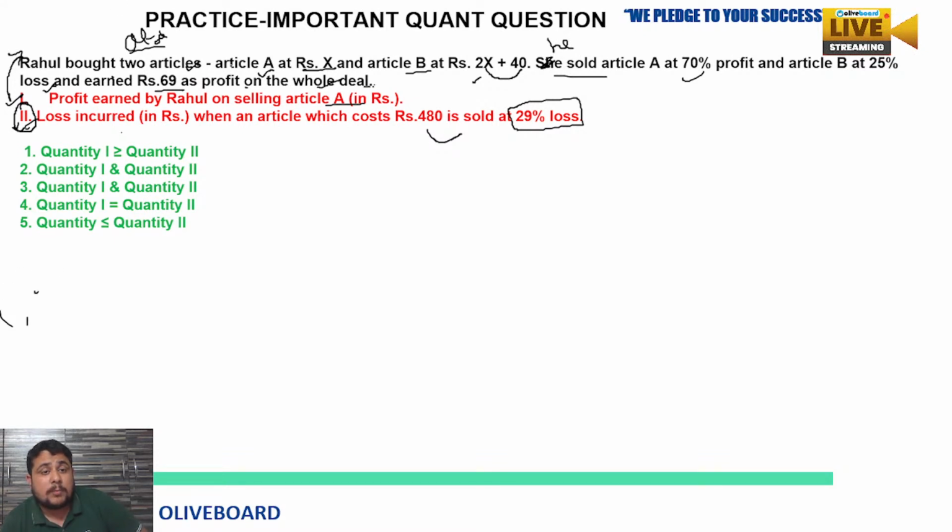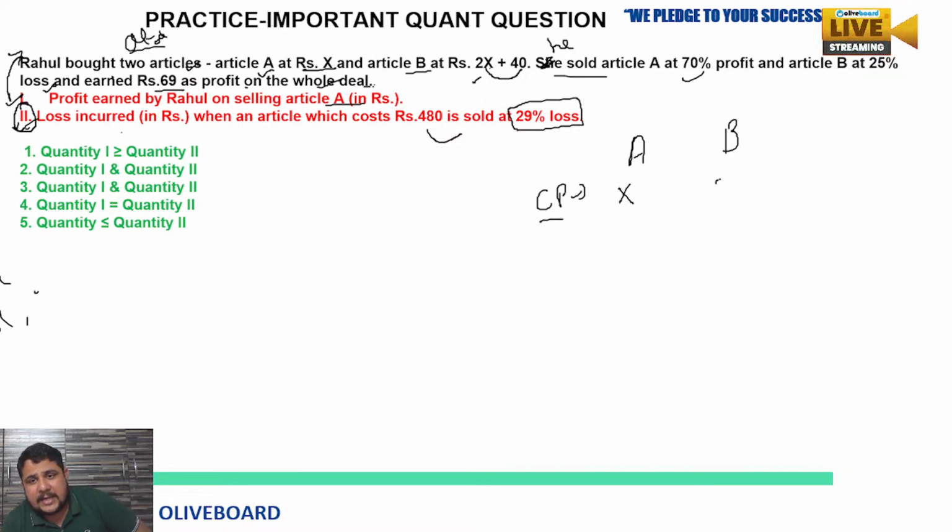Rahul bought two articles, article A at rupees X and article B at rupees 2x plus 40. So article A and article B. Now they are talking about, clear? So be active in the chat box also. Okay, fine. Article A at X rupees, fine. This is the cost price here.